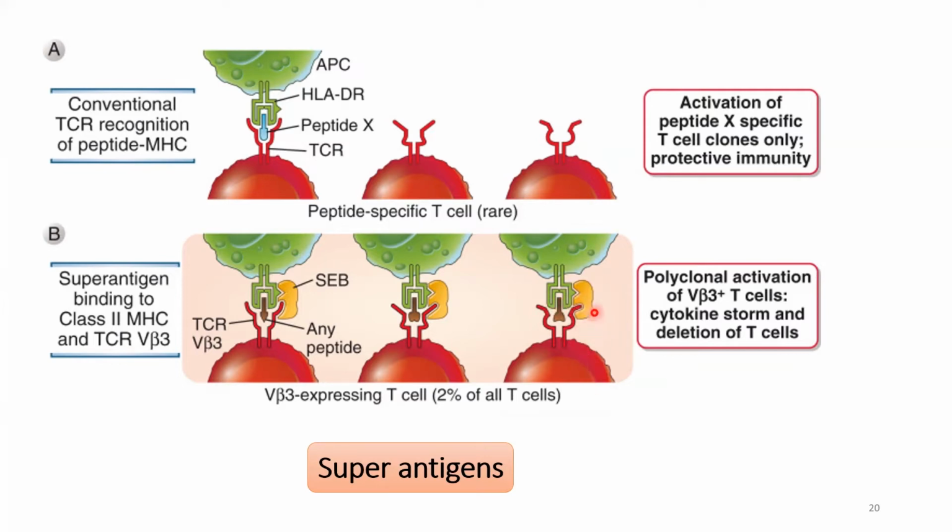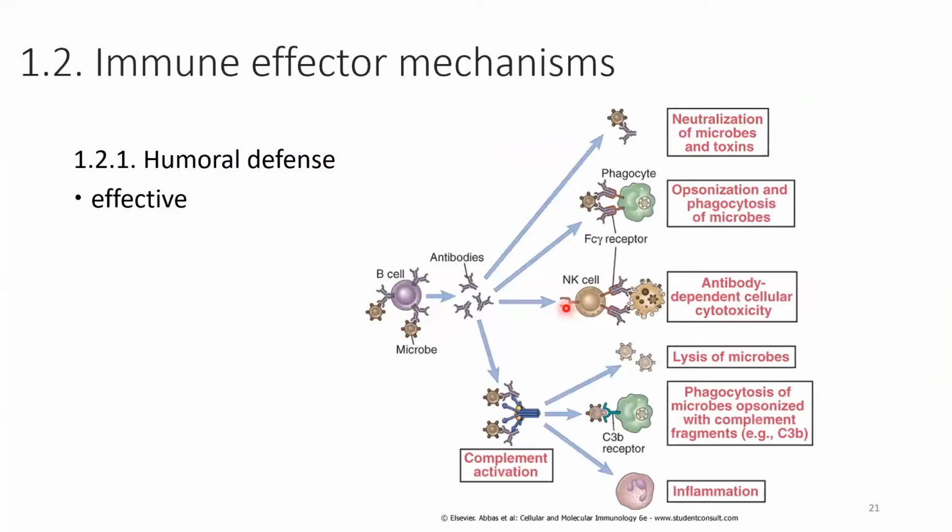So if we get a superantigen, your immune response will be stimulated out of control, with too much activation. So it can cause severity of the disease as well. Okay. And so that's the first immune response, in particular the innate immune response.